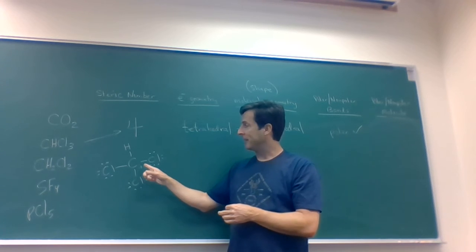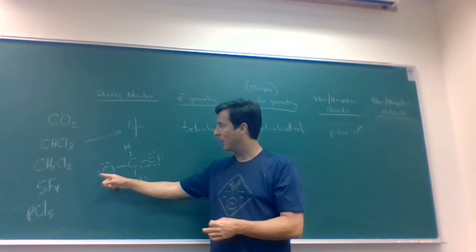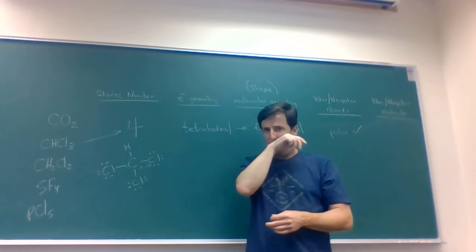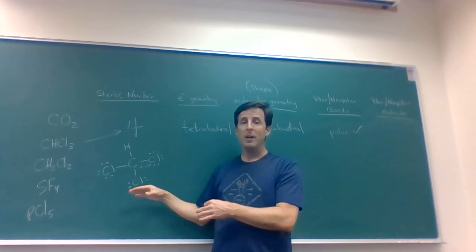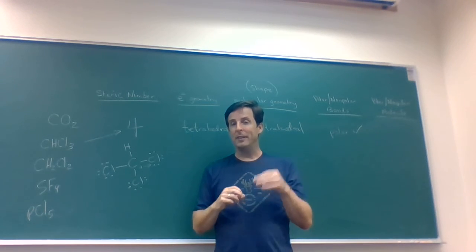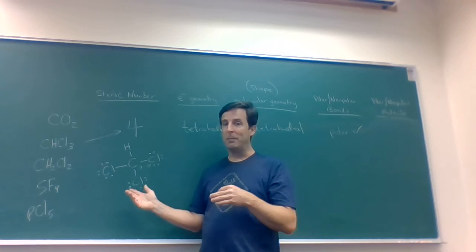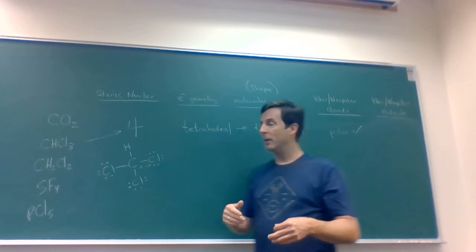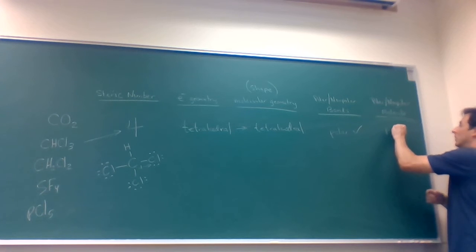If I'm pulled 5 steps this way, 5 steps that way, 5 steps that way, but only 2 steps this way, the hydrogen, the amount that it pulls the electrons is not even with all the others. That's going to create an imbalance. If it's not balanced, it's not symmetrical. If it's not symmetrical, the bonds don't cancel each other out, so it is a polar molecule. So CHCl3 is a polar molecule.